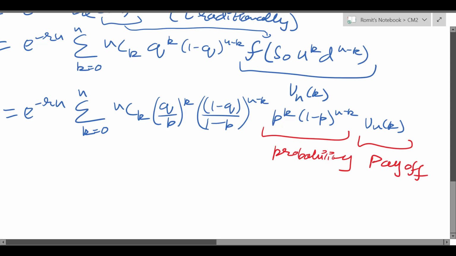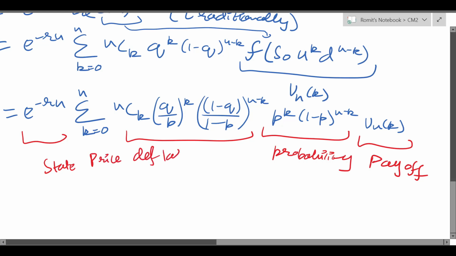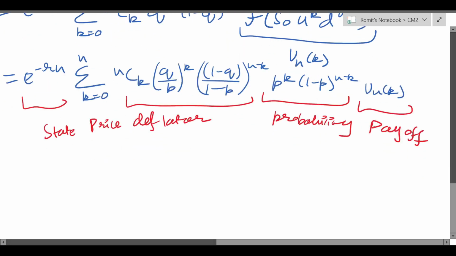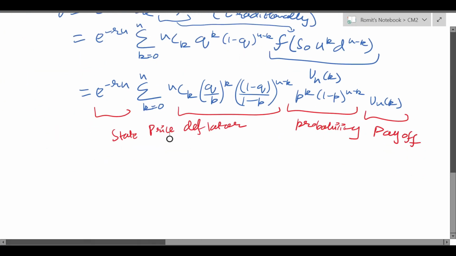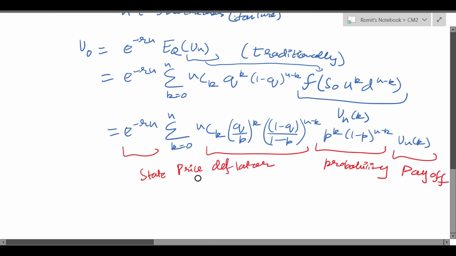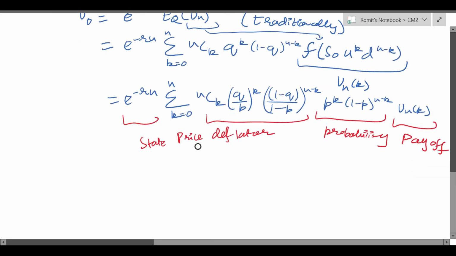So now if I have to convert the whole thing into an expectation form, I have the probability, I have the payoff, but I also need the state price deflator, which is everything else. So this is just a different way of writing the price of the derivative. This is your price of the derivative, that is V0.